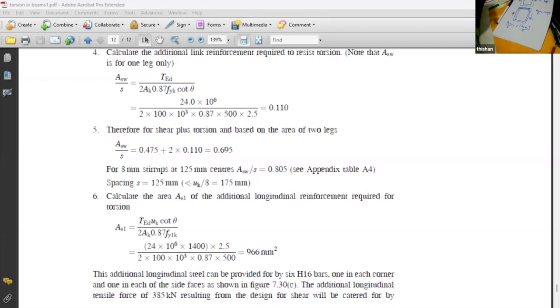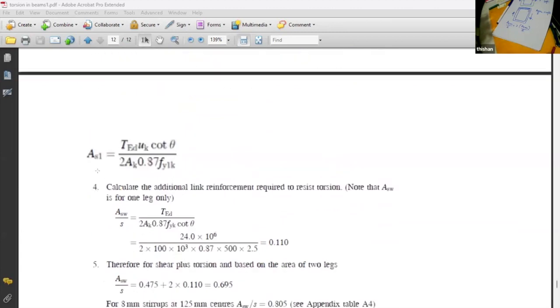And then there's another rule. There's another rule. What is that rule? That rule says, if you are providing links, the maximum spacing of link should be less than UK divided by 8. What is UK? 1400 divided by 8.